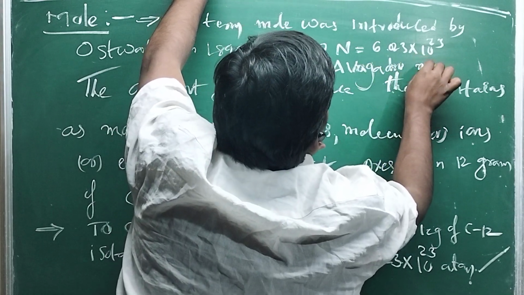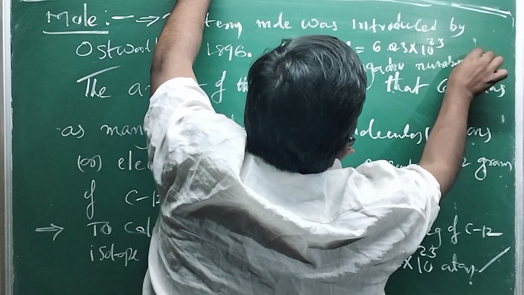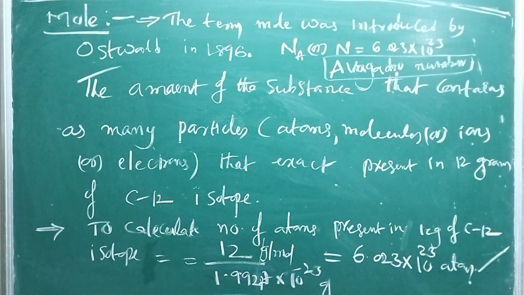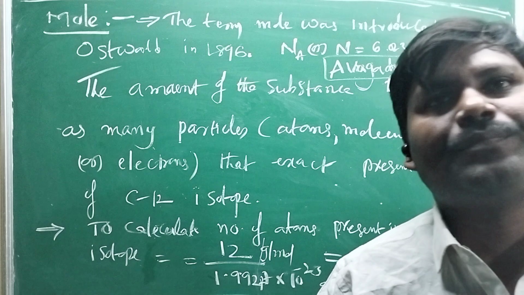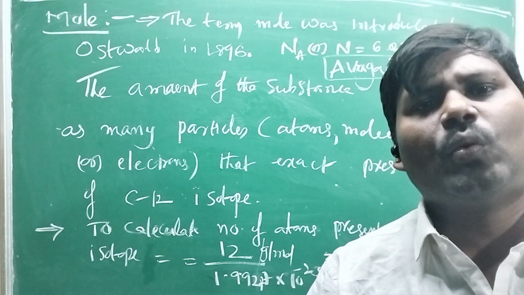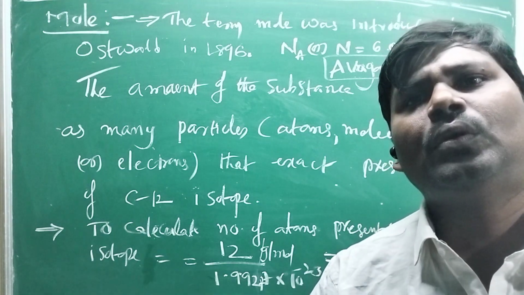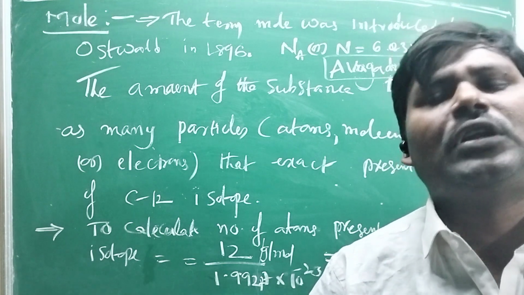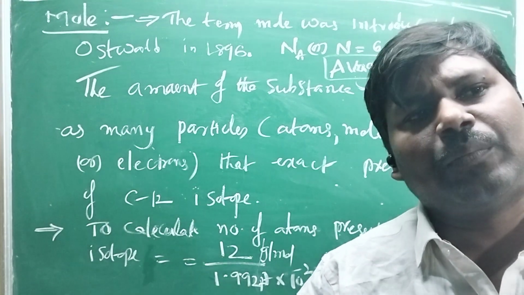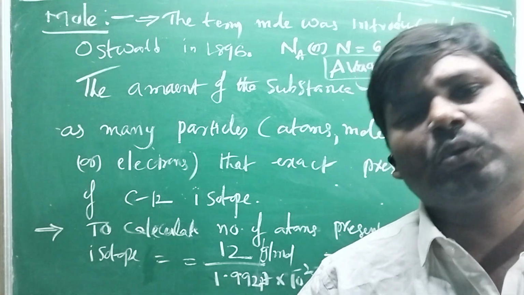What is Avogadro number? Simply, Avogadro number is the number of entities in 1 mole of a substance. 1 mole of a substance is equal to the number of atoms, ions, molecules or compounds.